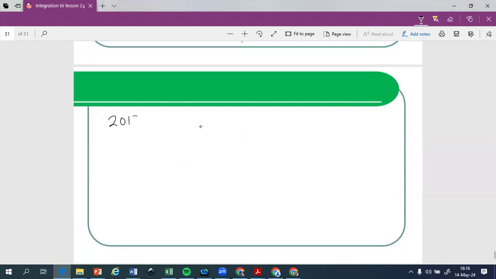2019, they were saying evaluate the integral dx over x squared root of, in brackets, 25 minus x squared. So I think this one is for tan substitution. Okay, now this is, like we said, when you have minus, this is for sine.